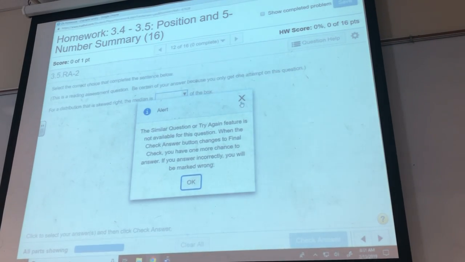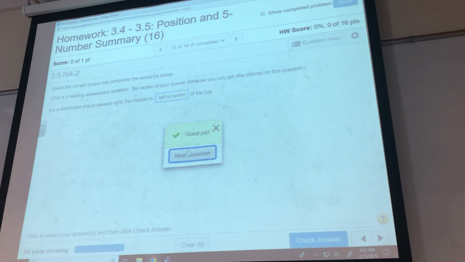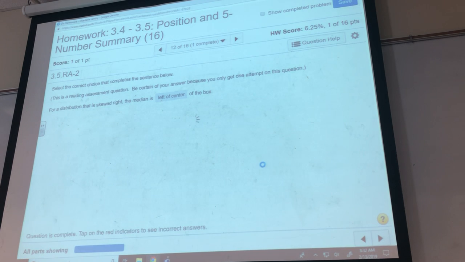And then if we do a similar one, this is one, again, where you only get two choices. So if it's skewed to the right, that's the one we just did, where it's going to be left of the center. Let's see if we can find a similar one. Okay, so they only ask you about if it's skewed to the right, so you don't need to look at the other options.